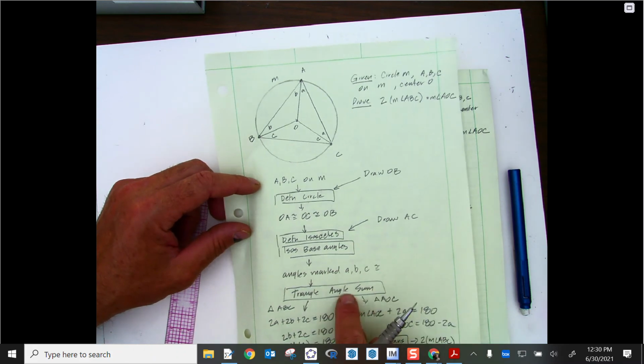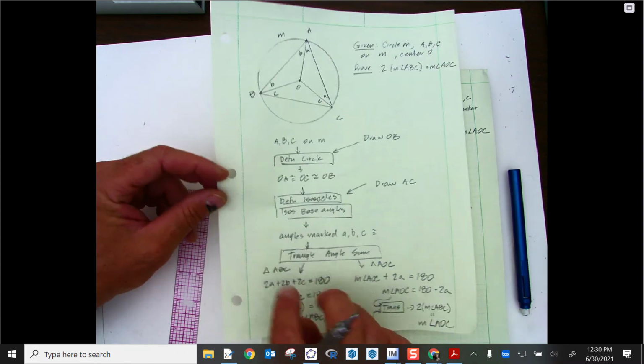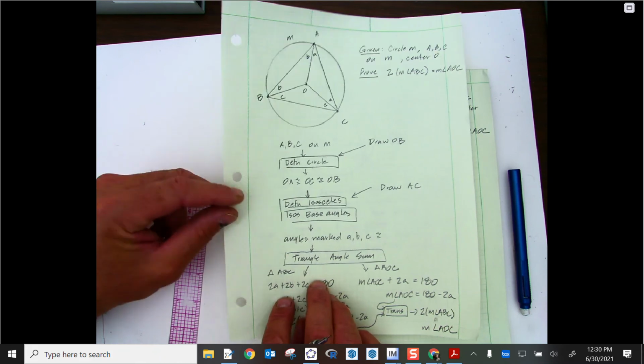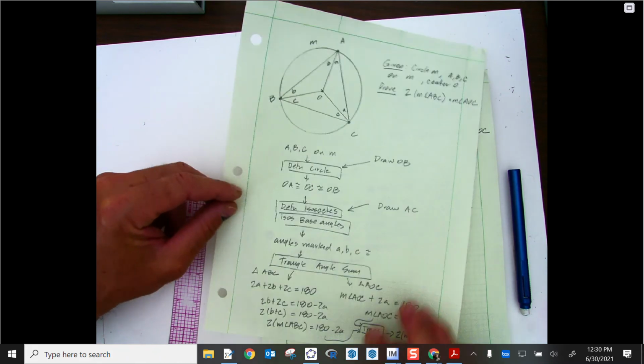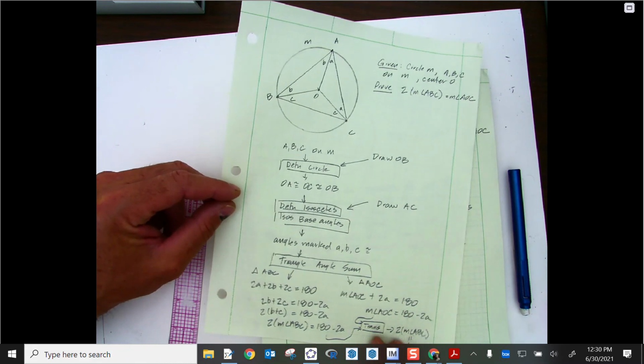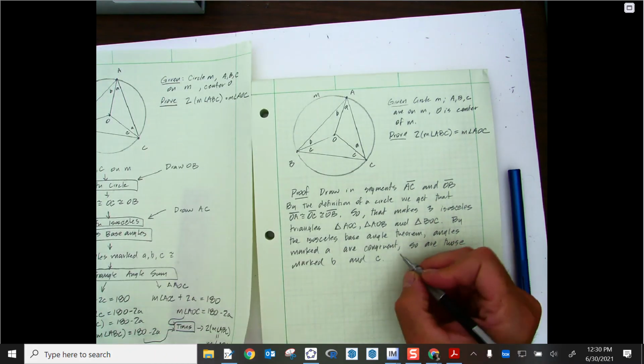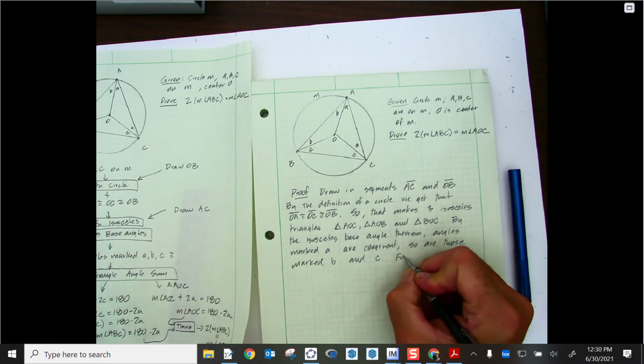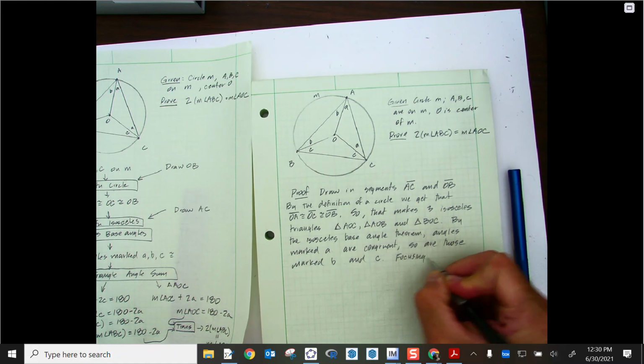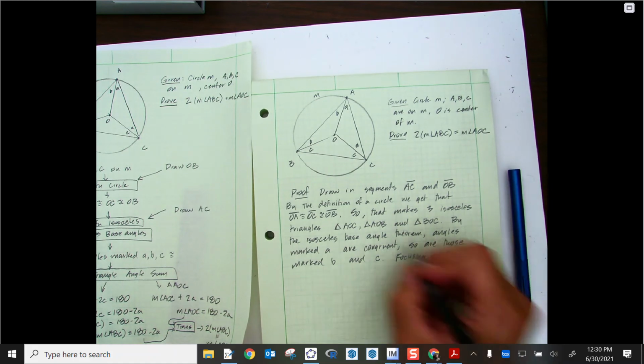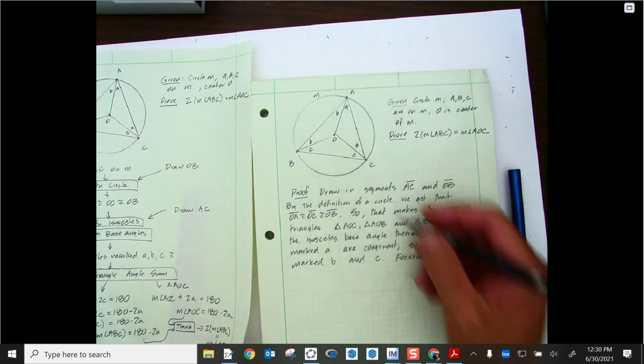Now we're going to invoke the triangle angle sum, and we've got kind of 2 places to do it. I'm going to do them in turn. I'm going to first do this piece and then do this piece and then bring them together at the very end. So let's go ahead. I'll say focusing on triangle, let's do the small one first, AOC.